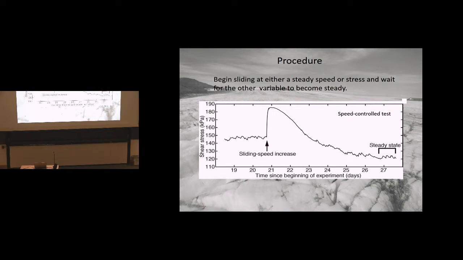And just as in fault mechanics experiments, we get this very pronounced direct effect where the stress goes up, and then it falls off over about a 1-week period and settles in eventually again to a steady state. This is the period of cavity growth, where that cavity is extending to its new steady state size. And that takes a while, an amount of time proportional to the sliding speed.